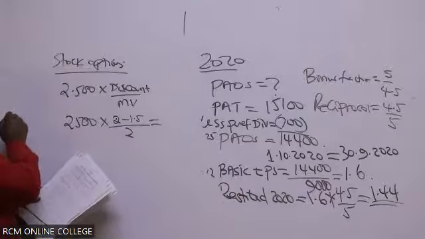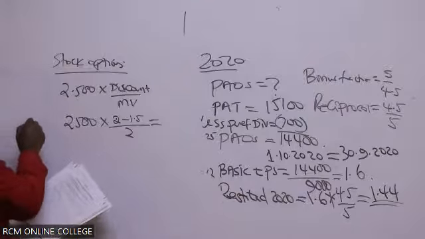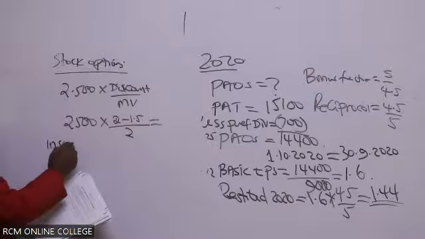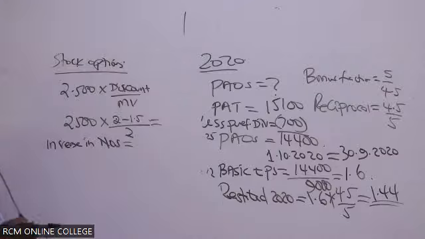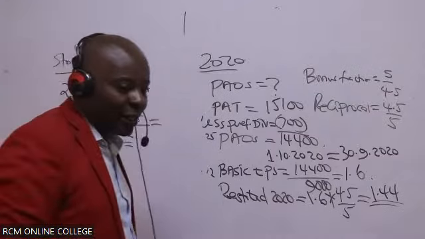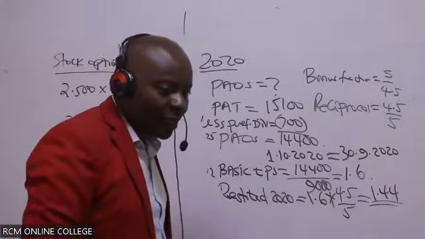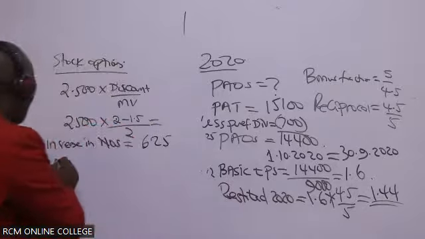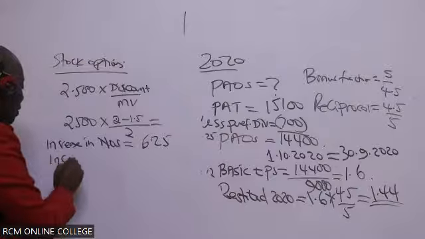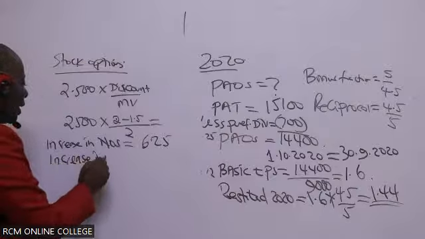So the increase in shares. How many will they be? The increase in shares, they're telling me, is 625. Thank you very much. And in this case, what will be the increase in earnings?